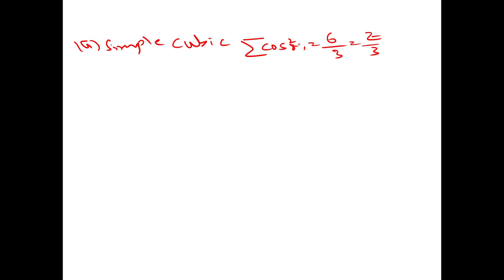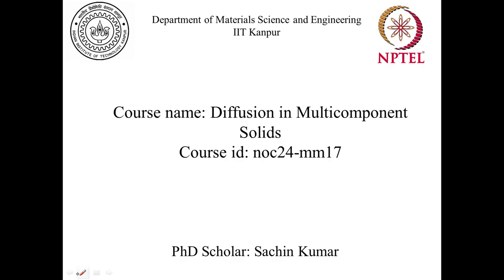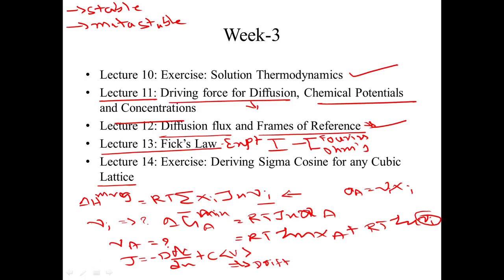In general, he has derived that for any cubic system it is equal to z by 3. So in this video lecture, we explained only the cosine for the cubic lattices.